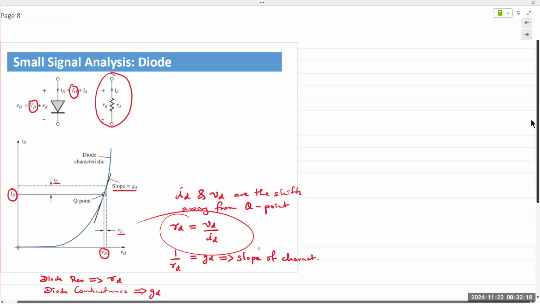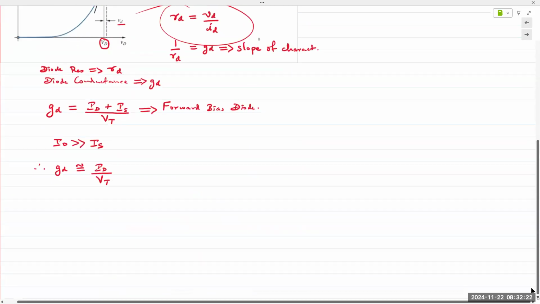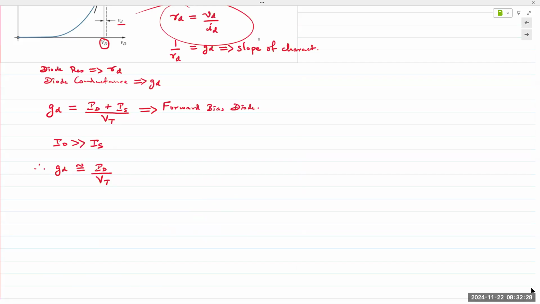If that's a small signal model, what is the value of the voltage or deviation from the Q point that can be considered small enough so we can actually use this model?